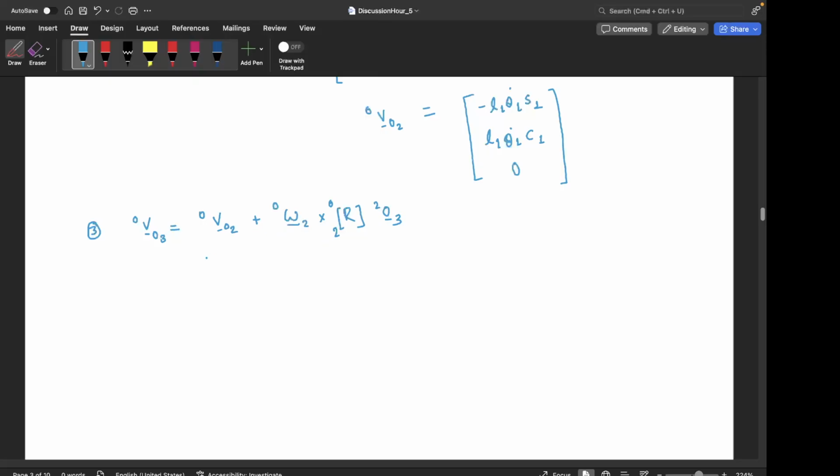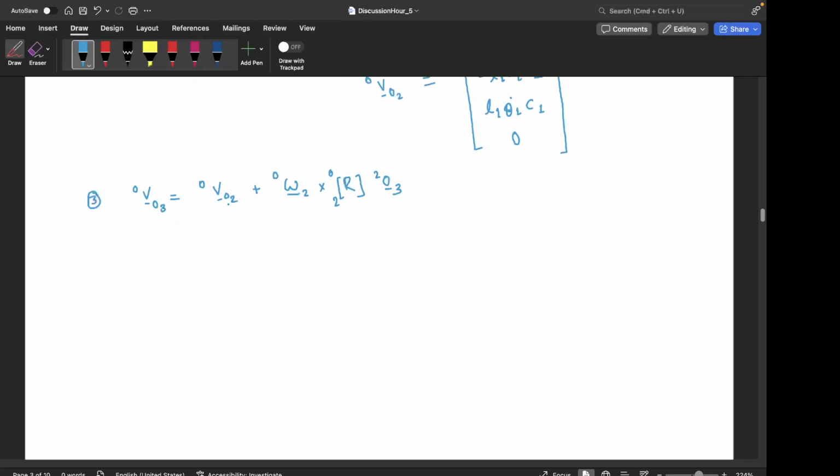I hope you are more confident now in writing these expressions, and in writing while consciously thinking about what each term means.